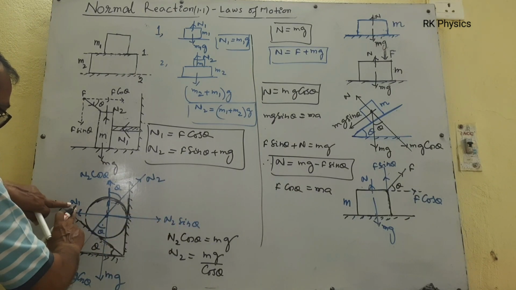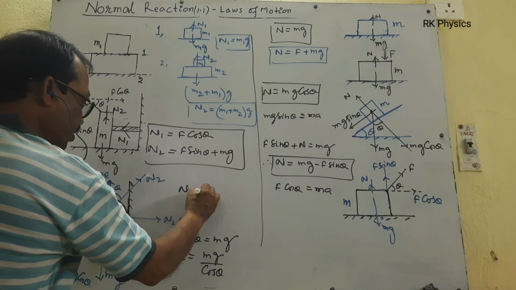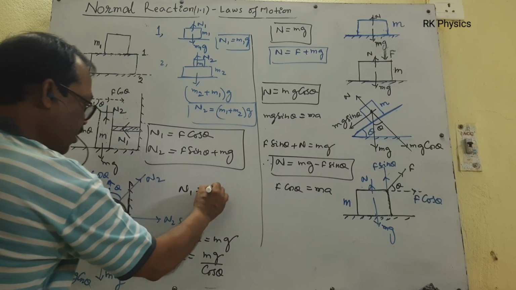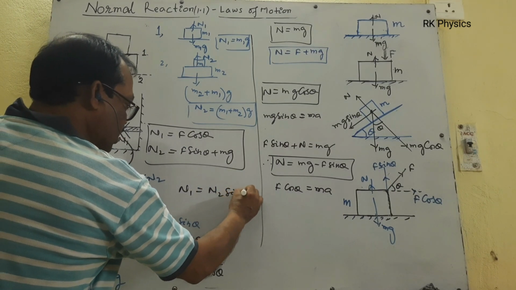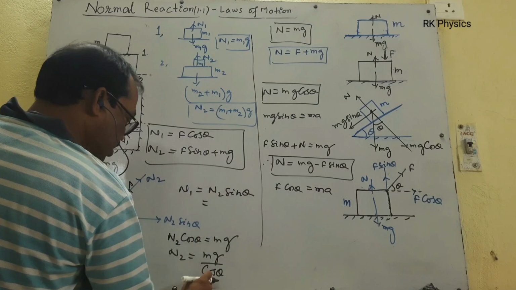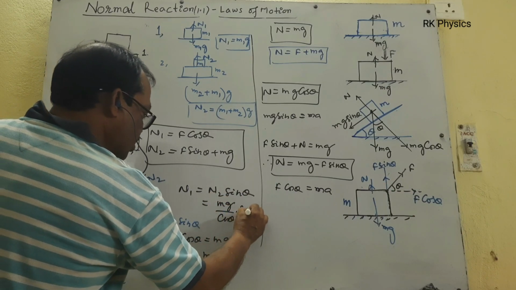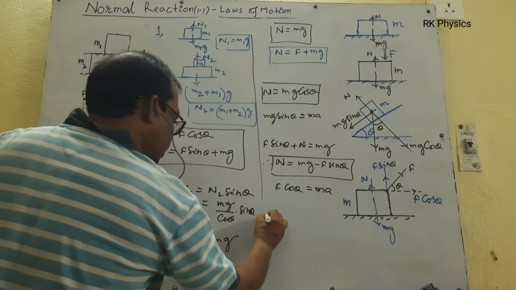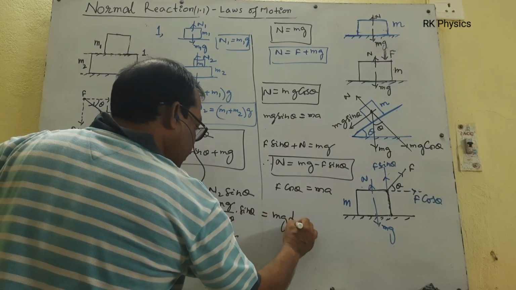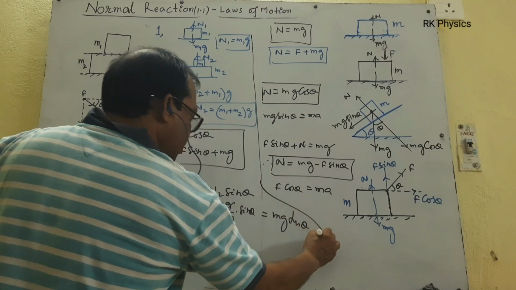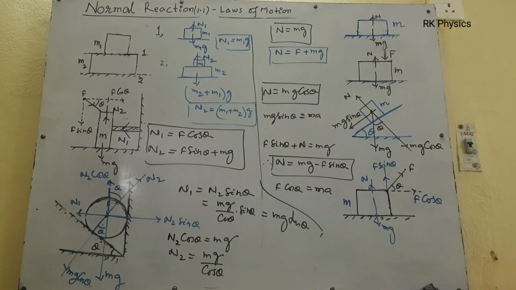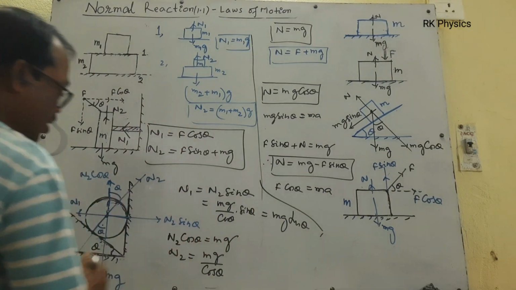Along horizontal, LHS is N1 and RHS is N2 sin theta. N2 is mg by cos theta, into sin theta. So this is mg tan theta. Okay, mg tan theta is N1 and this is N2.